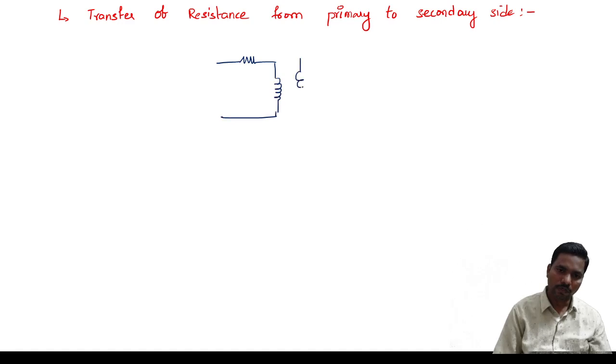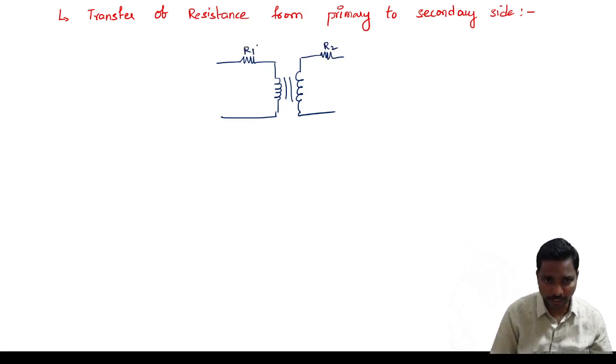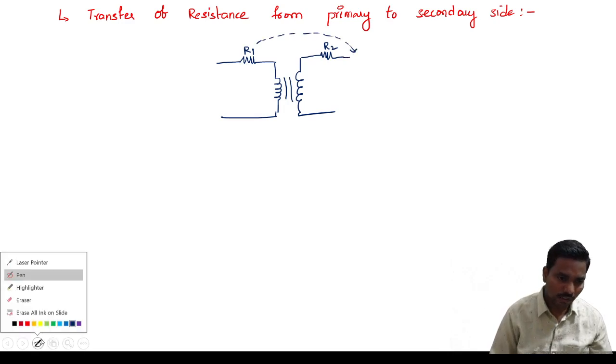Here we have the transformer, and this is the core. So here we have R2, R1. Now I am transferring this R1 to this side. So this is the R1, correct?